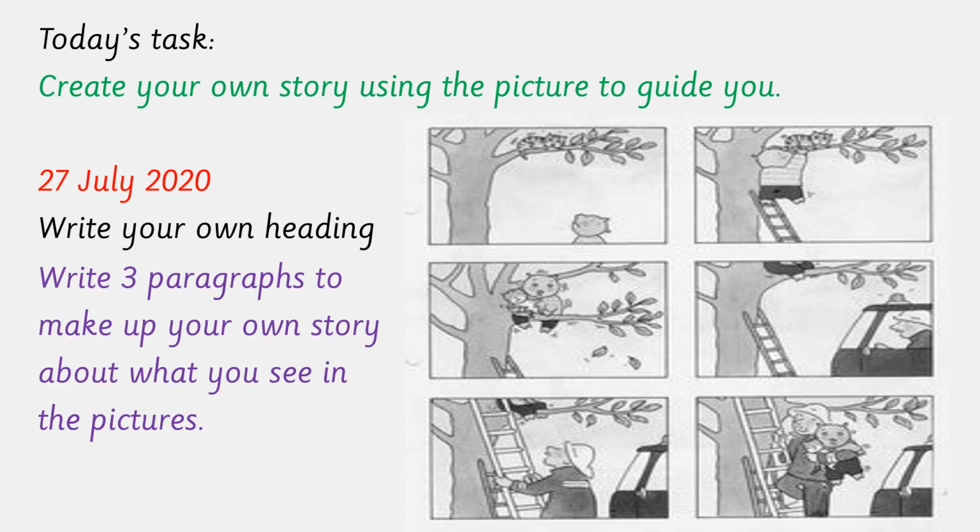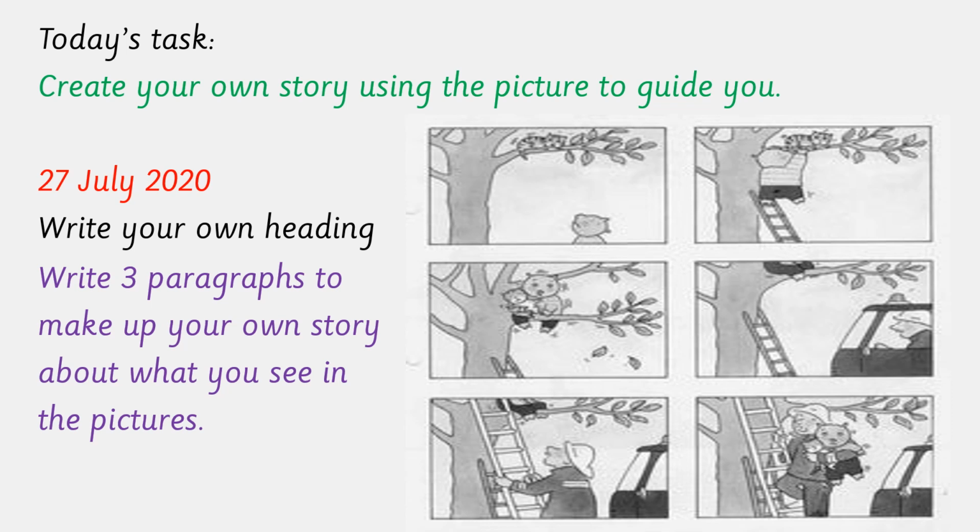Okay, so now your job is to write 3 paragraphs to make up your own story about what you see in the pictures. Okay, so that's 3 paragraphs. Remember, boys and girls, a paragraph is not a sentence. A paragraph's probably about 3 or 4 sentences together. Okay, and when you write a paragraph, you put the sentences next to each other.